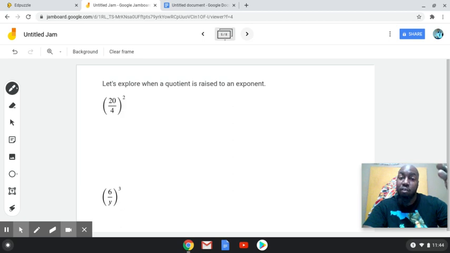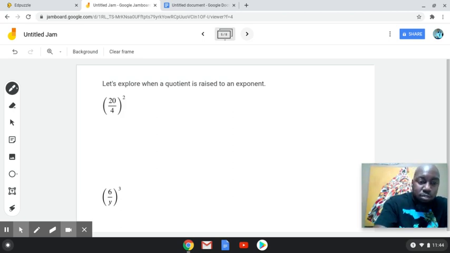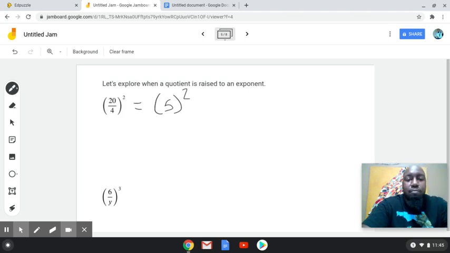Or what times 4 gives you 20? So in that case, 20 divided by 4 will be 5. So this is just going to be 5 squared. And 5 squared is not 5 times 2, but it's 5 times 5, because you're multiplying 5 by itself 2 times. And this is going to be 25.